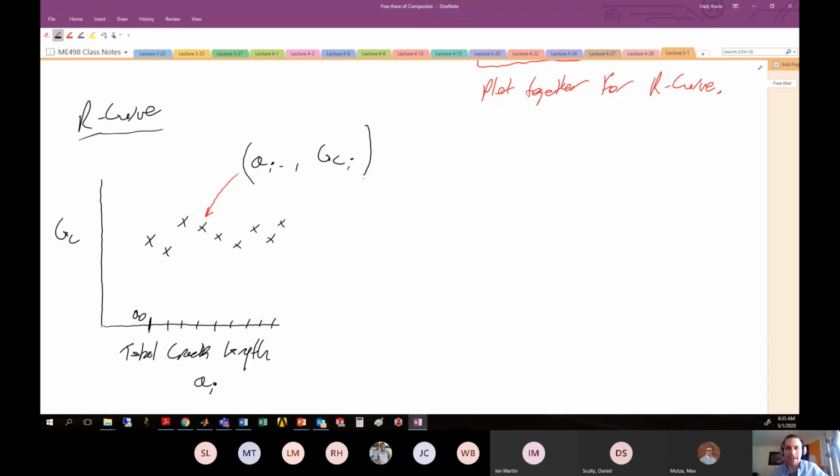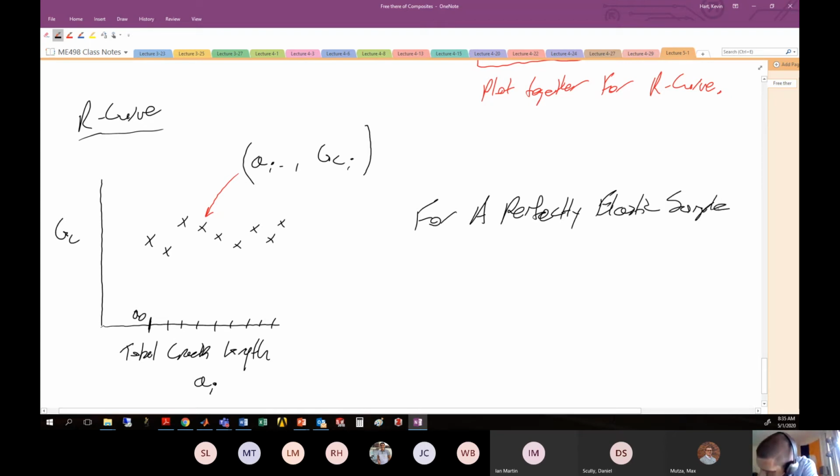If you have a perfectly elastic sample, this line should be flat. What I mean by that is these data points should all approximately fall on the same line, which I've kind of tried to draw there.